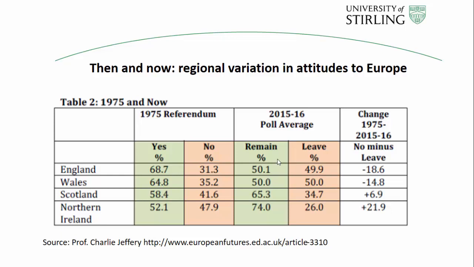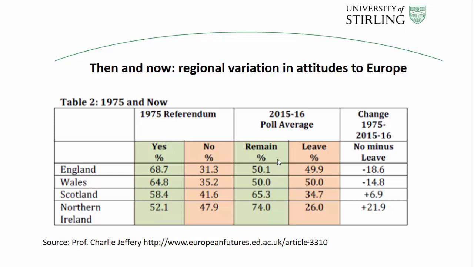I'm going to return to the 1975 comparison later when we discuss immigration in the context of voting intentions. What's rather intriguing about this data is that it shows how opinion towards Europe has changed since 1975 across these four constituent parts of the United Kingdom.